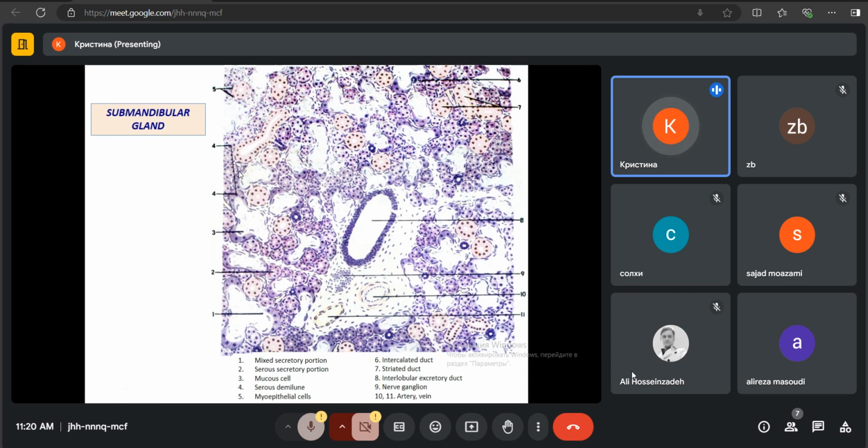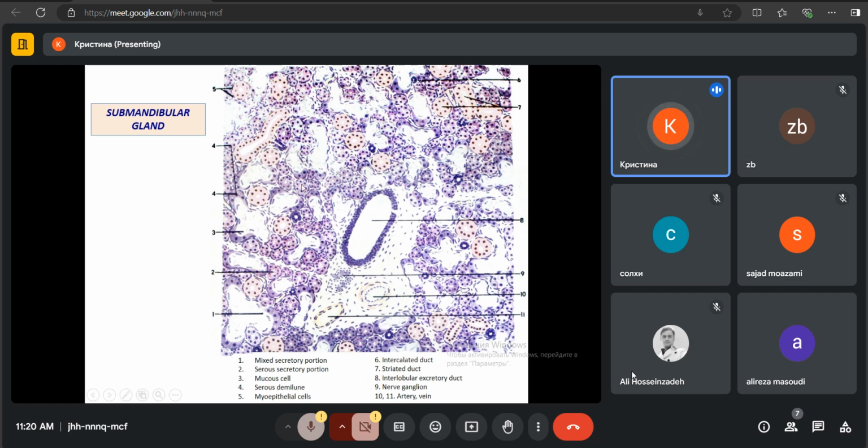This is how the section of the submandibular gland looks like in the drawing. You have this picture in your album. You should colorize the picture using the correct colors. So in the submandibular gland, we have two kinds of secretory portions.